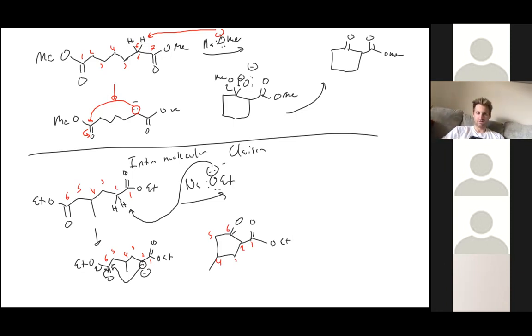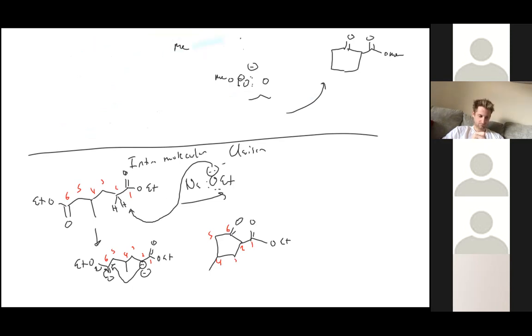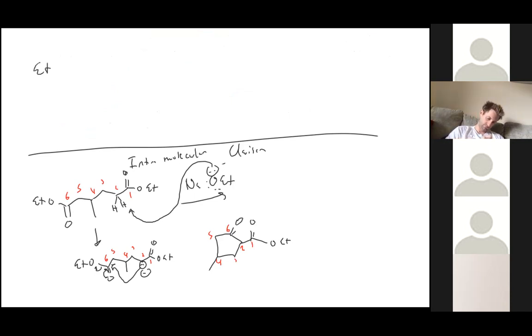Our other product is where we deprotonate on the other end. So if we deprotonate position 5, this is going to get messy. I'm just going to redraw it again on the top. Again, because we have that methyl group, it makes it asymmetric.